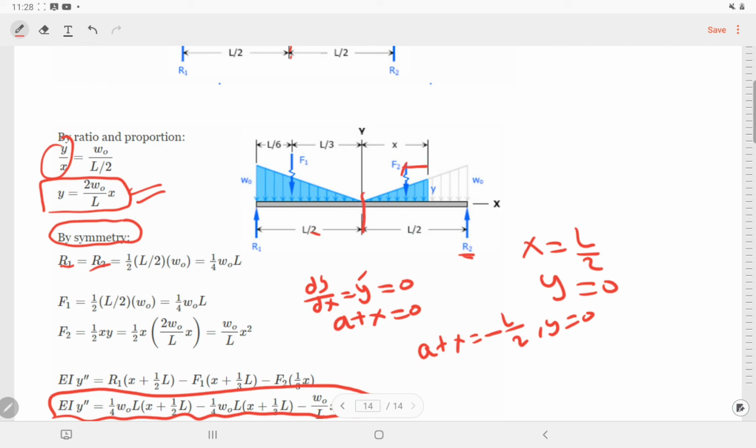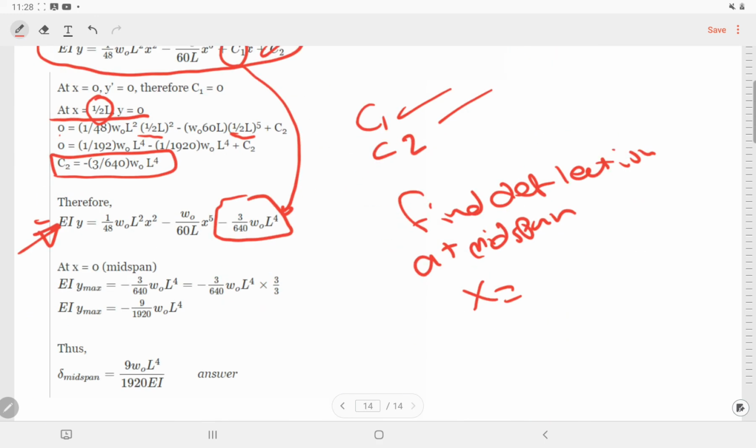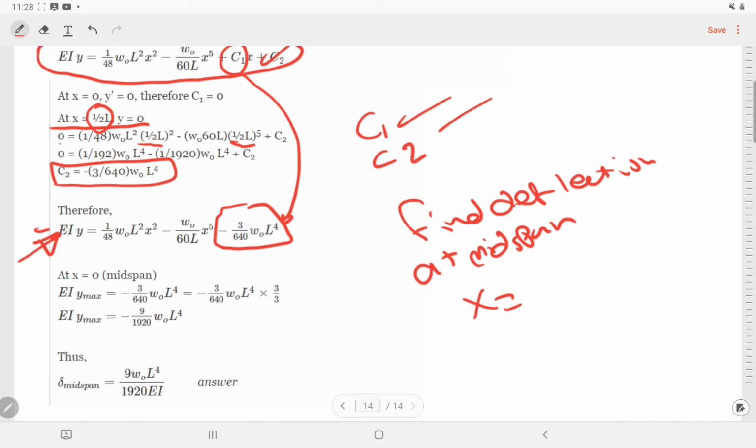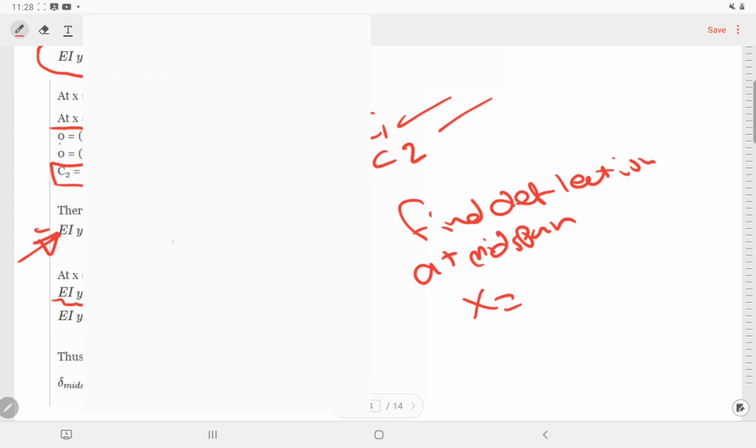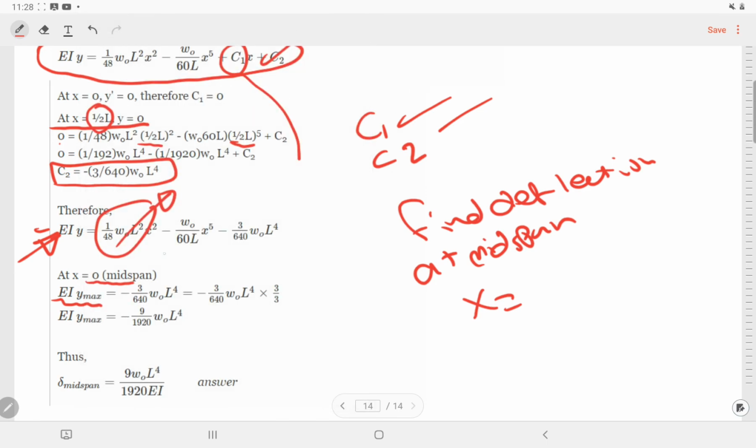So this is x. So at midspan, x equal to how much? Equal to 0. So I'm going to say at x equal to 0, which is midspan, EI y max equal to, this is going to be 0.